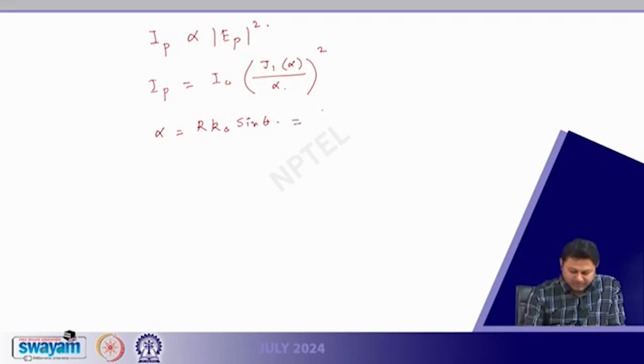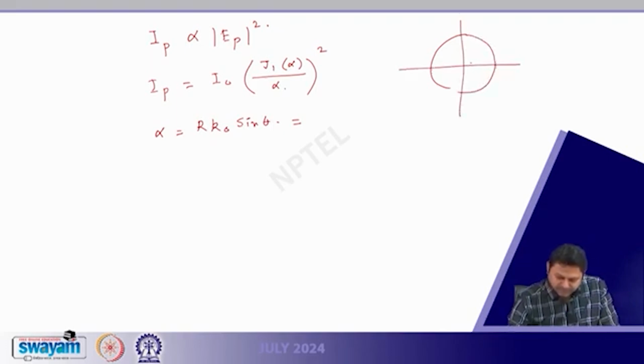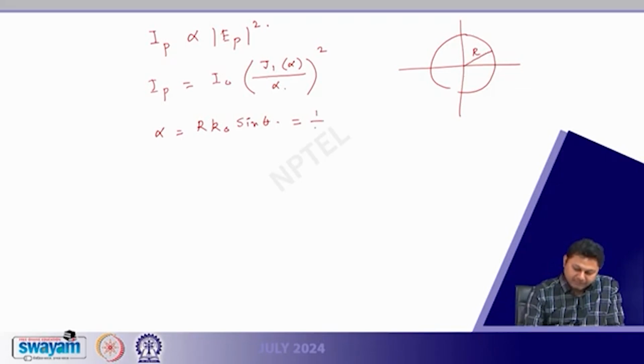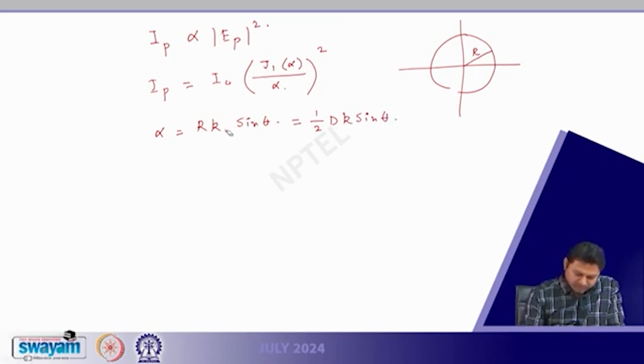It is also written with r as the radius of the circular aperture, if you may remember, that was our r. So, I can write it as half of d in terms of the diameter, then k sin theta. I did not use k naught, so better I remove this.